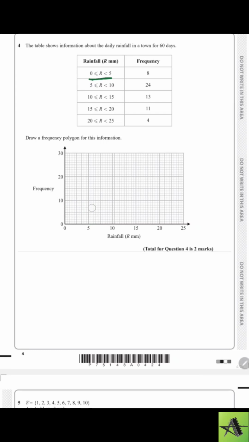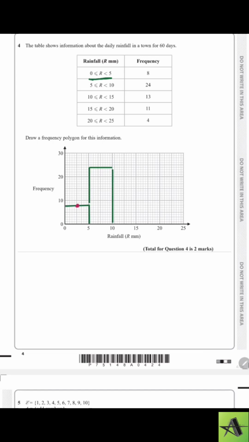This bar that we are making, we have to find the midpoint of it, like this one and this one that I'm making. The midpoint will be the important one, like this. Similarly, I have to make for others. 5 to 10, it's 24. That means here, this one and this one.